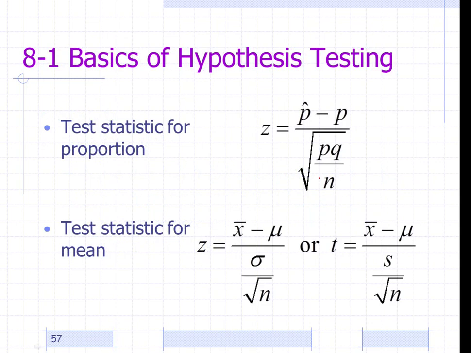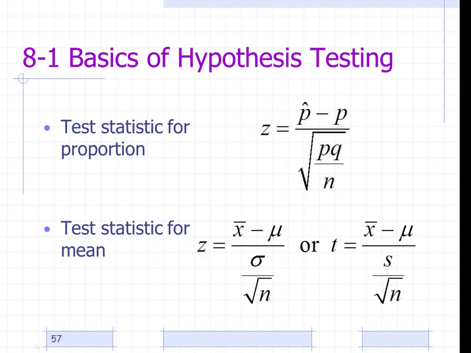So again, here's our test statistic for a proportion. And you can see this looks pretty familiar. We used p hat q hat divided by n when we found our margin of error in our confidence intervals.